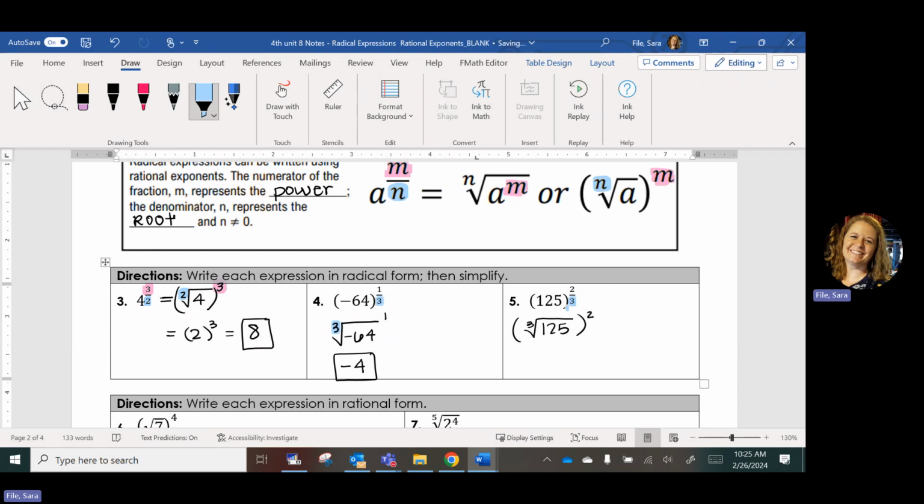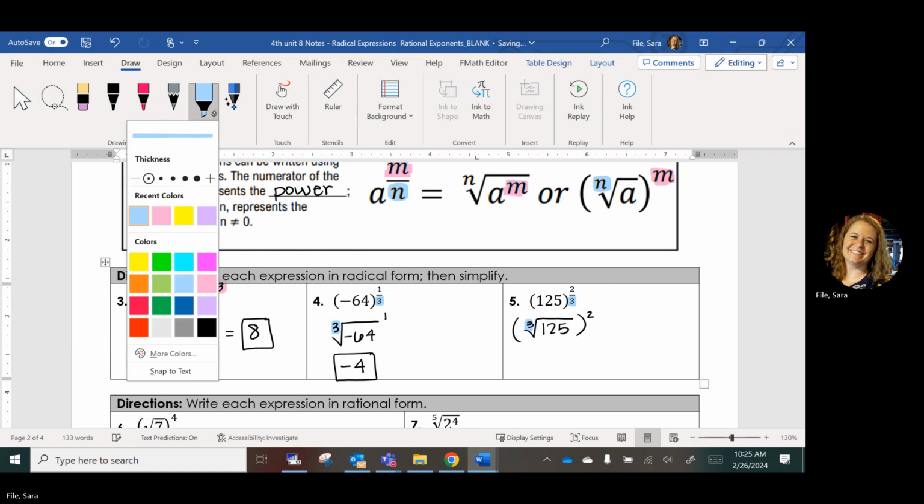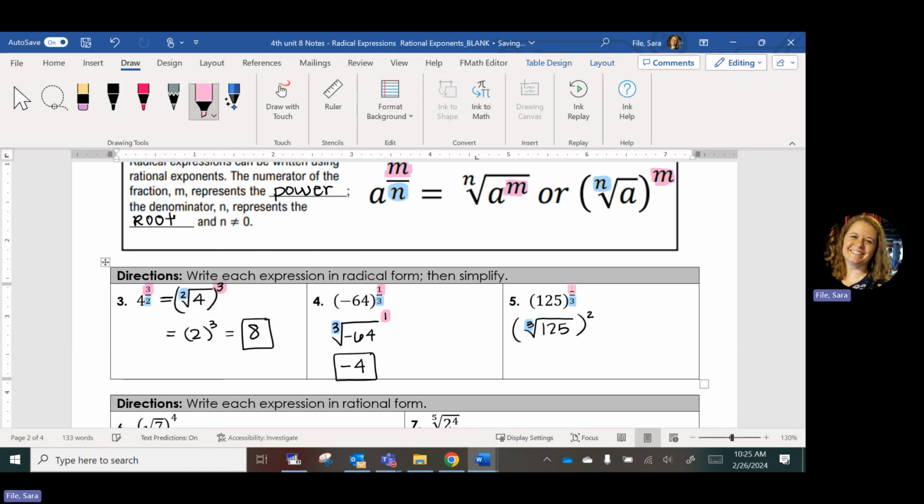So remember, the denominator is the root and the numerator is the power. All right, so what is the cube root of 125? It's 5. Okay, 5 times 5 times 5 is what would give me 125. And what is 5 squared? There we go.